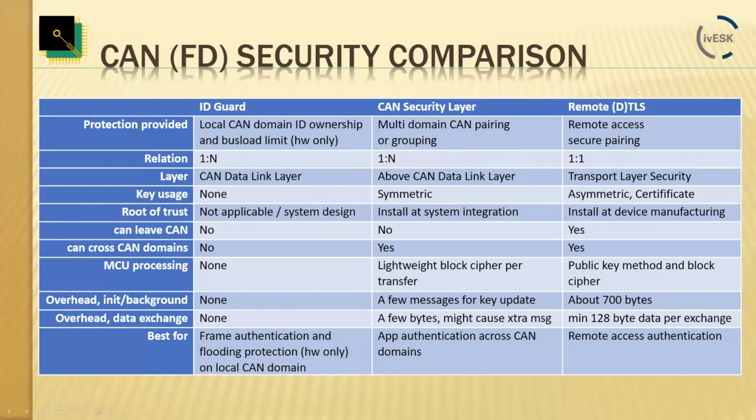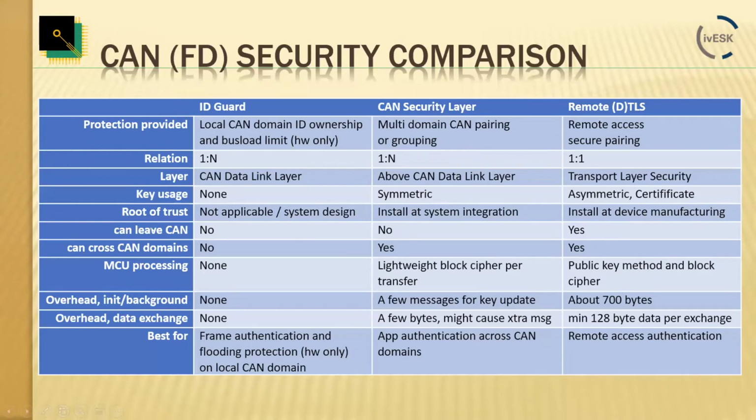And the DTLS certificates are typically installed already. The first one, we saw the different levels that Axel showed, but the first one would already get installed directly at device manufacturing, so that a device can be directly linked and identified as belonging to a specific manufacturer.